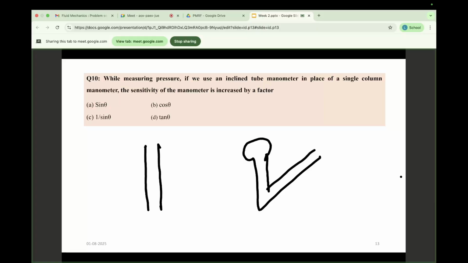Here, putting another color for simplification, this red line indicates water up to this portion, and this indicates mercury.